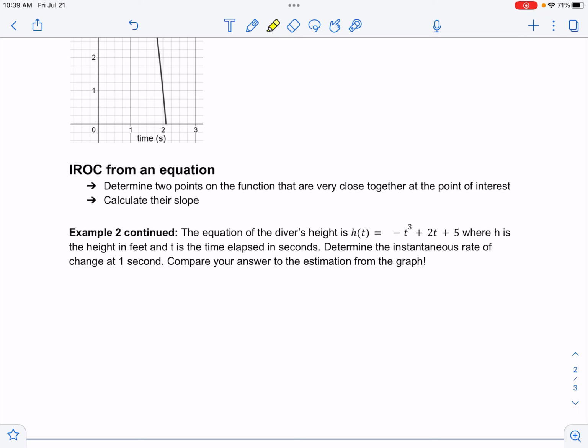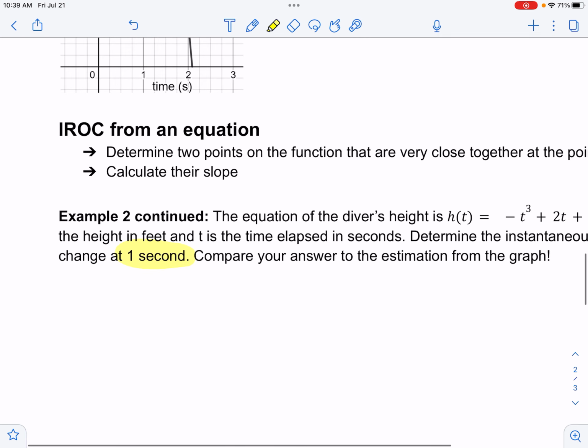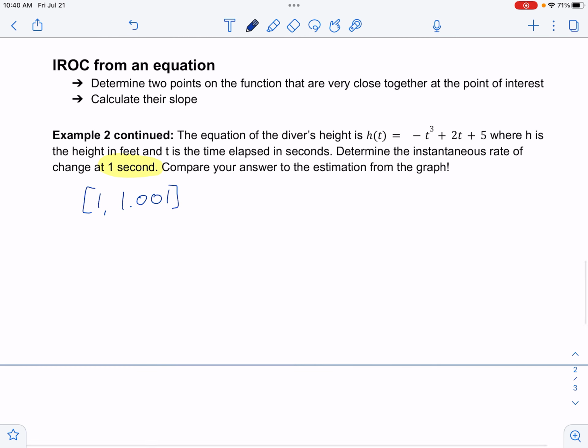We're interested in 1 second, so the interval that I'm going to use is between 1 and 1.0001. You could add more zeros if you wanted. Let's do 3 zeros and see how precise we can be.